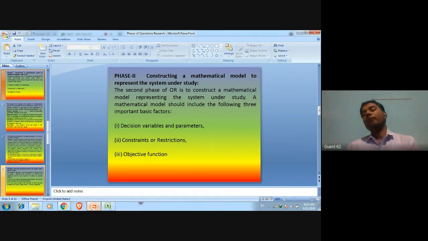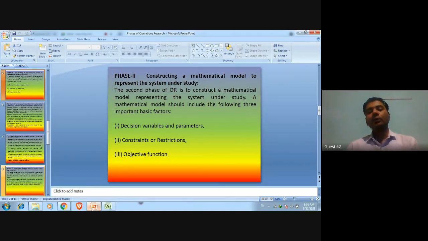I will also tell you this phase by an example. The second phase of OR is to construct a mathematical model representing the system under study. In this process, we will use some symbols and some mathematical operations.